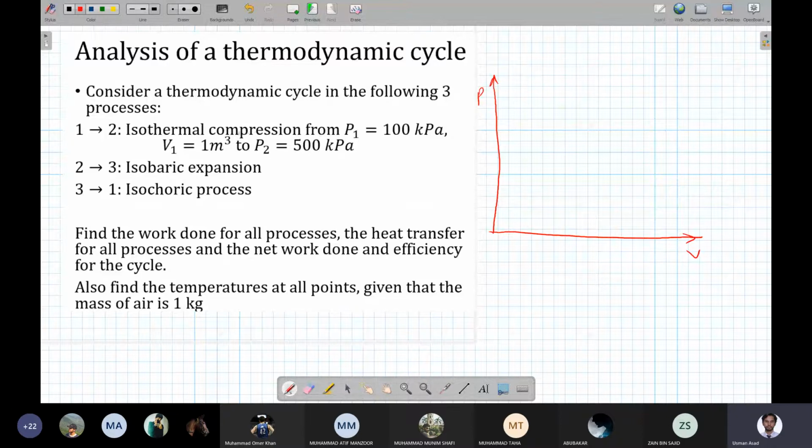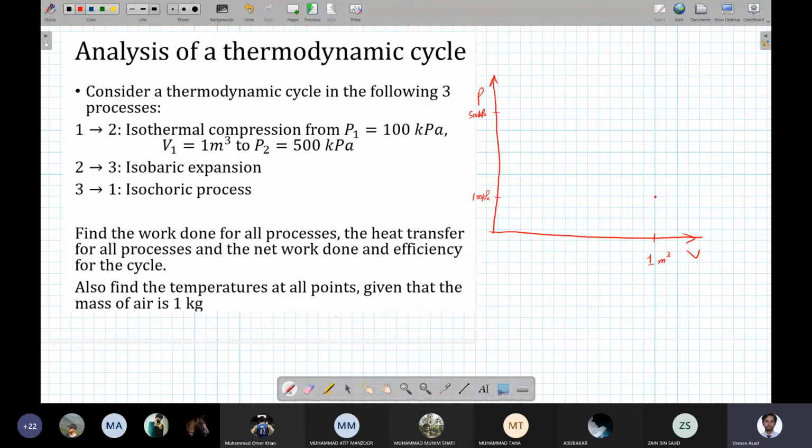So the first process is a compression process, right? हमारे पास originally pressure let's say 100 kilopascal था point 1 पे, and then we increased it 5 times to maybe around 500 kilopascal. And please don't look at the scales, this is not to scale, obviously ये तकरीबन 3 गुना है मुश्किल से, but whatever. ठीक है. So originally my volume was 1 meter cube.